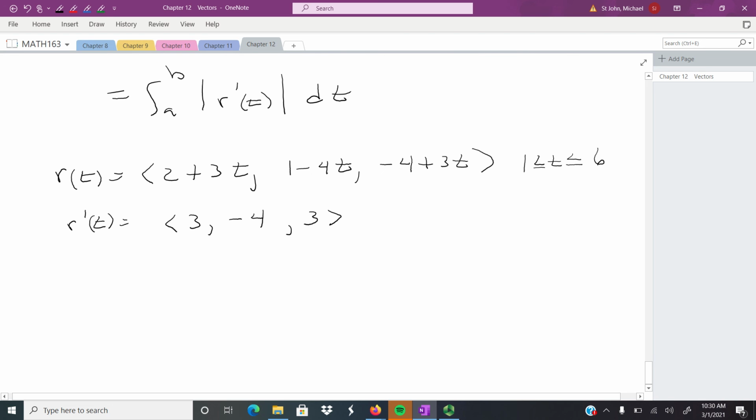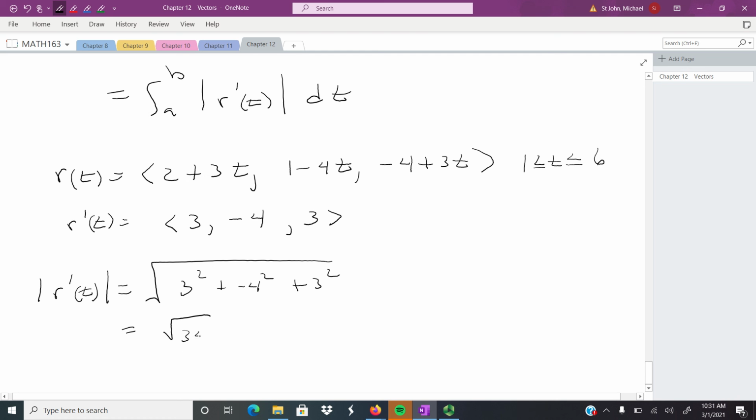And so the magnitude of r prime would be the square root of 3 squared plus minus 4 squared plus 3 squared, which ends up being the square root of 34.